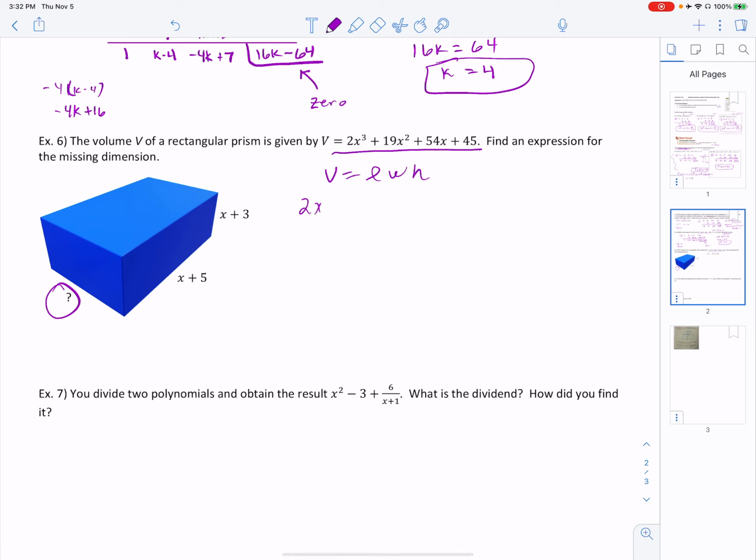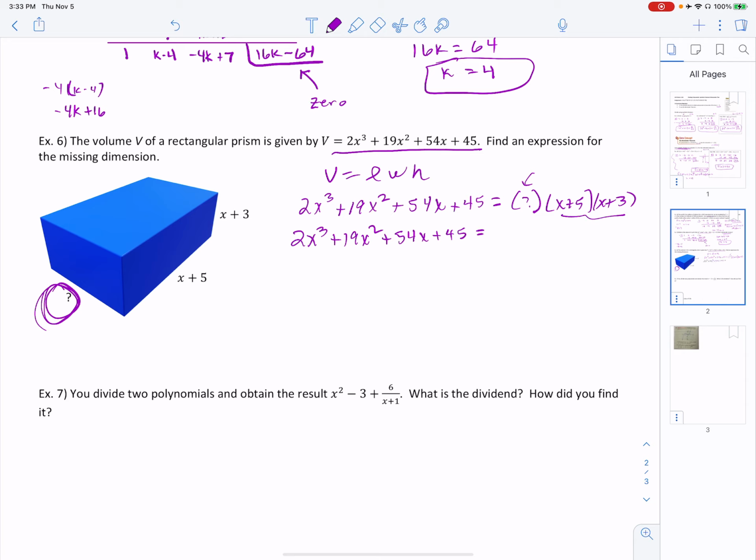So this 2x cubed plus 19x squared plus 54x plus 45 must equal, well, we don't know what this is, so this factor that I don't know times x plus 5 times x plus 3. So to find this unknown factor, I think I wrote too big because we're going to have to do longhand division.